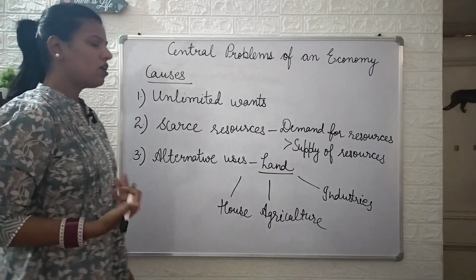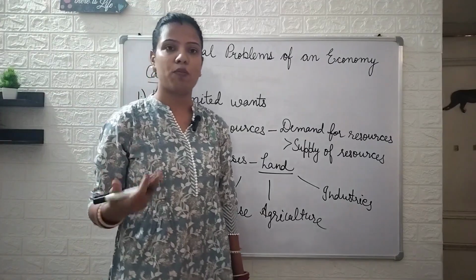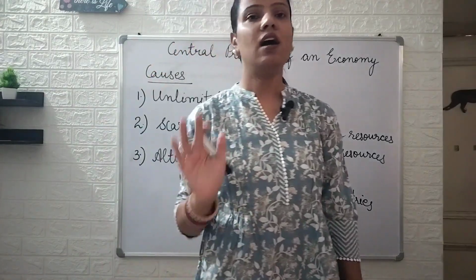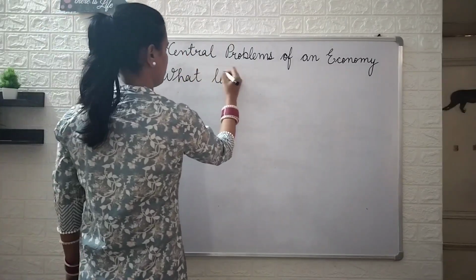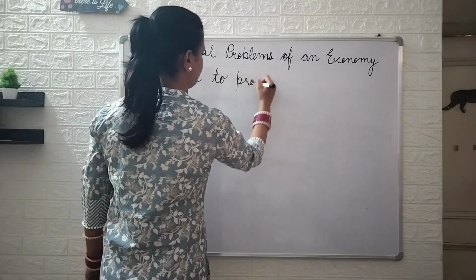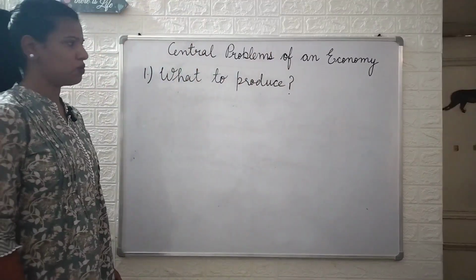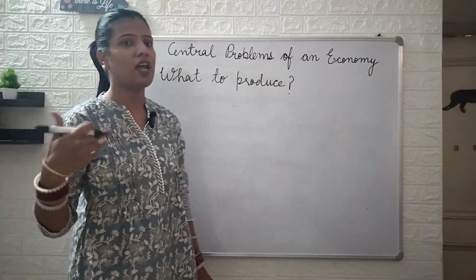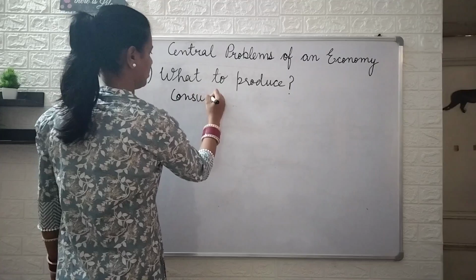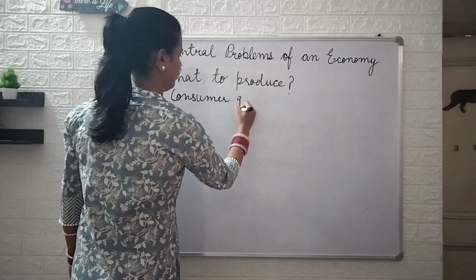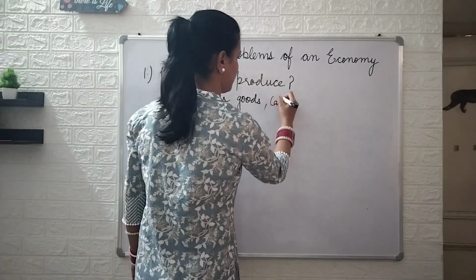Okay, now I will teach you the central problems. Which central problems arise in the economy? What to produce? We have a variety of goods in the economy, like consumer goods, and we also have some capital goods.